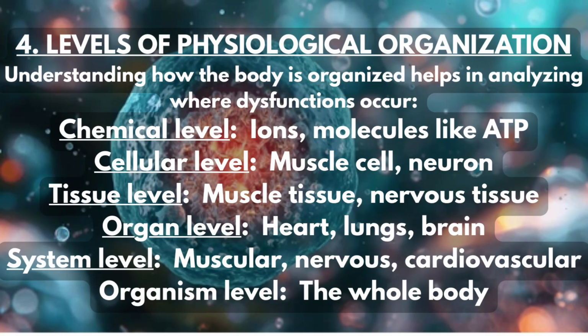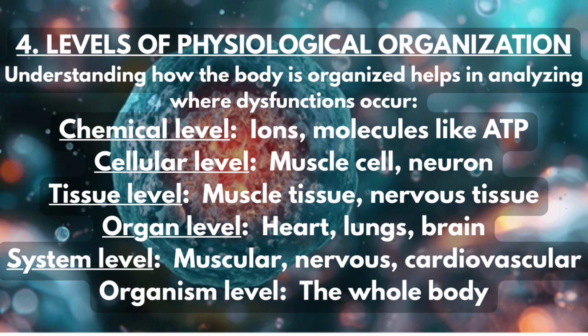4. Levels of physiological organization. Understanding how the body is organized helps in analyzing where dysfunctions occur. Chemical level: ions, molecules like ATP.